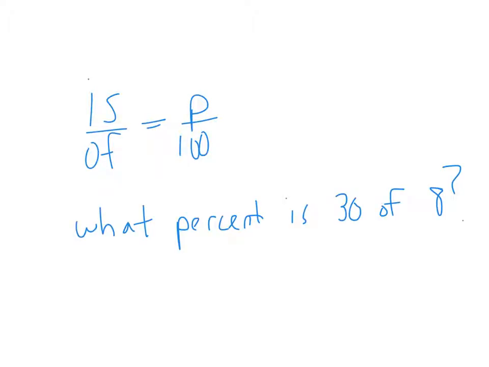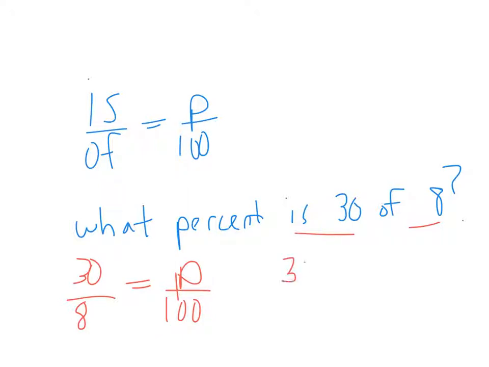So what percent is 30 of 8? This is going to seem a little bit strange, but it does work out that way. My is 30. My of is 8. That's equal to percent over 100. So I'm still going to multiply this out.